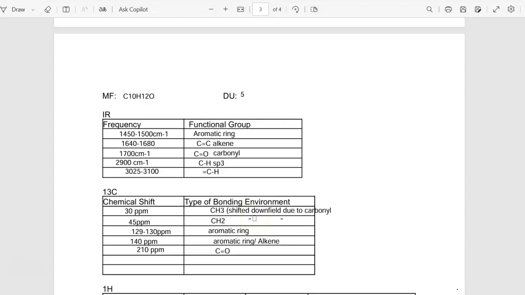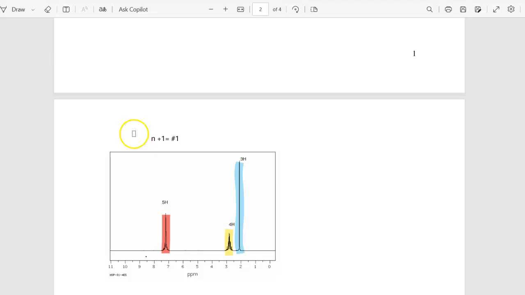And then we go down to this table, where we can find the multiplicity using the number of neighboring hydrogens plus 1 equals the number of peaks. We want the number of peaks here. So this is most likely from our aromatic ring since there's 5 hydrogens.